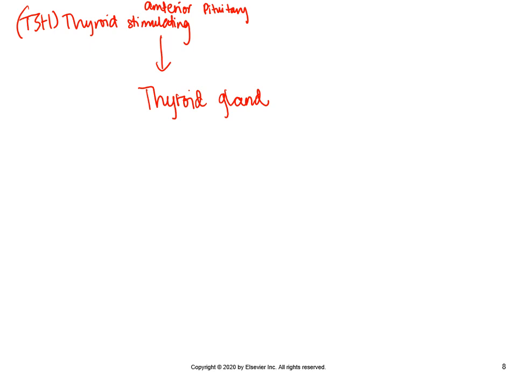The thyroid gland is responsible for the regulation of metabolism, regulation of the rate of metabolism. Okay, rate meaning how fast the metabolism of a person is.